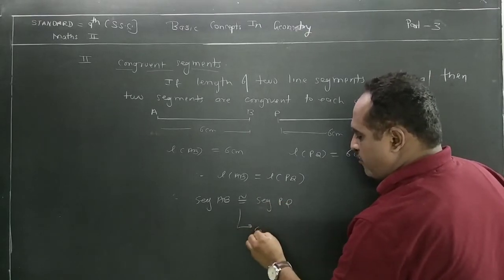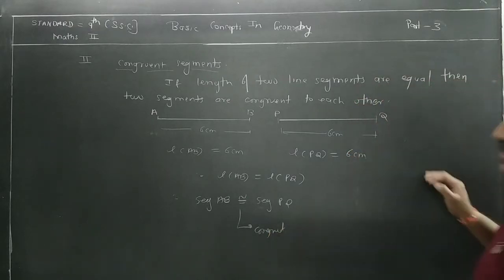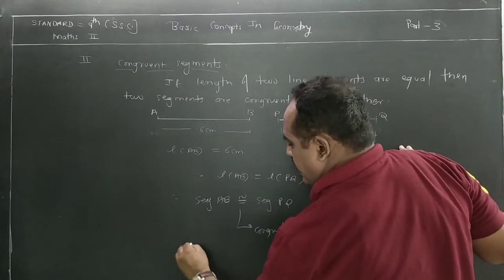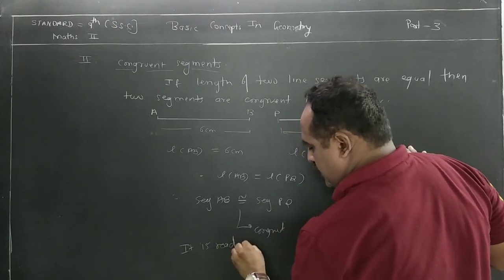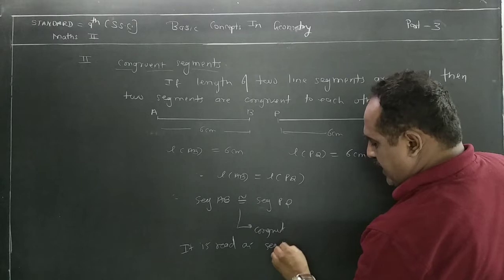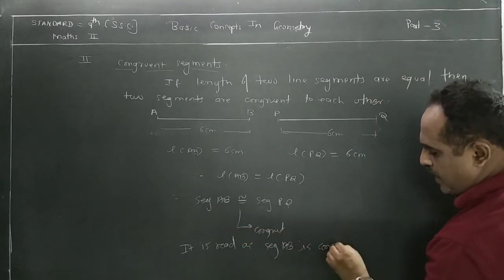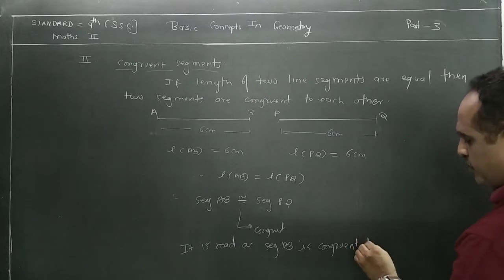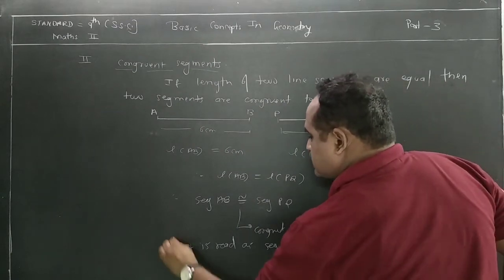This is the sign of congruent. It is read as segment AB is congruent to segment PQ, and you have to put that in the box.